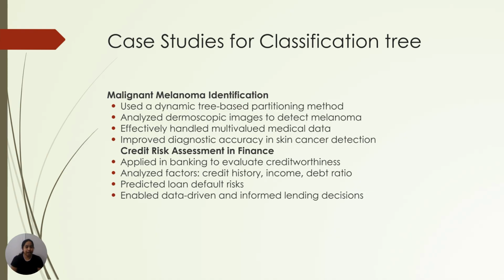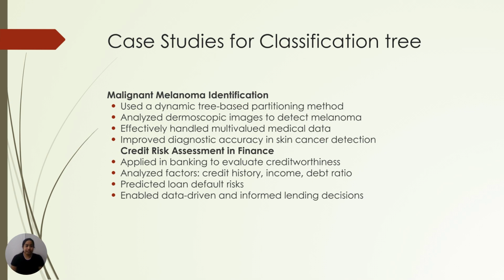It also helps to differentiate benign and malignant skin lesions. As a result, it can improve diagnostic accuracy in skin cancer identification, and based on those symptoms we can predict whether a particular person has a risk of cancer or not.